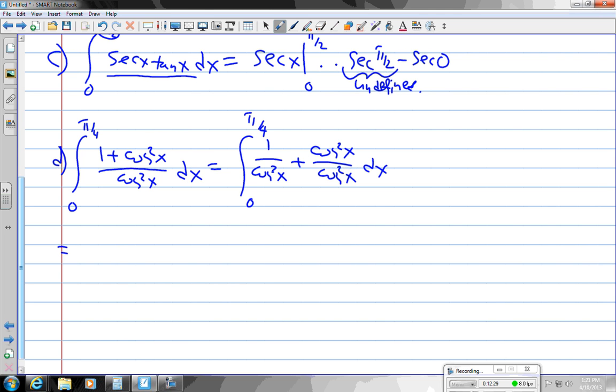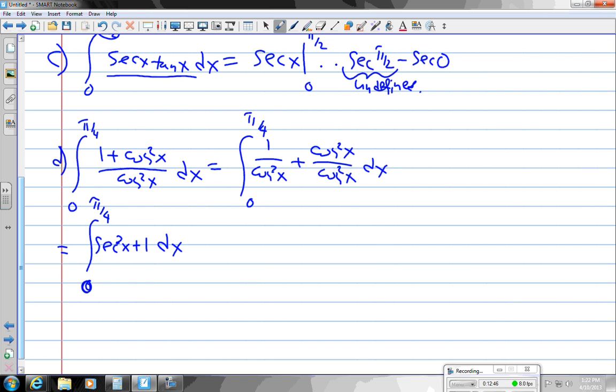So that's secant squared plus 1. Is that right? Two nice functions that we know how to integrate.